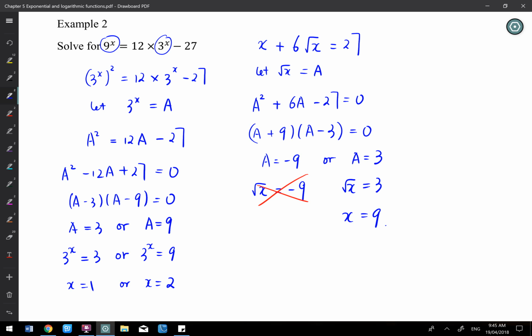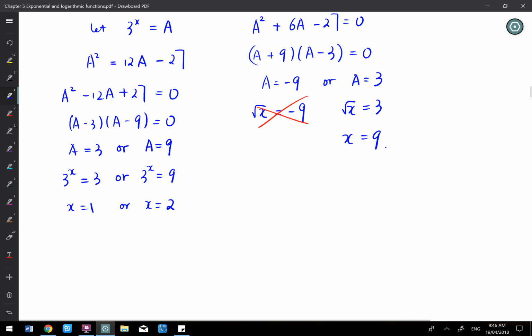So this question and that question are identical. They are exactly the same. They can have more types. This is x and root x. This is like 3 to the power of x and 9 to the power of x. You can have some other ones, for example, 1 over x and 1 over x squared, something like that. So you need to use your own thinking to think about which question belongs to this type.